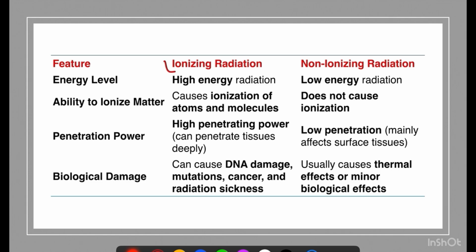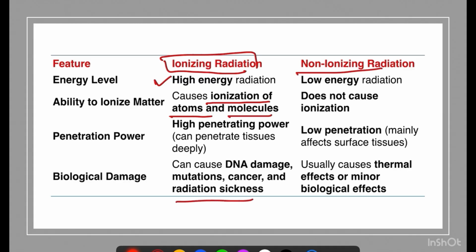Ionizing radiation is a high energy radiation that can cause the ionization of atoms and molecules, and it has a high penetrating power. Therefore, it can cause DNA damage, mutation, cancer and radiation sickness.